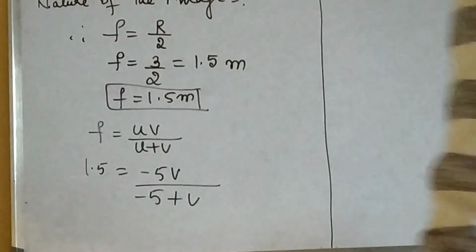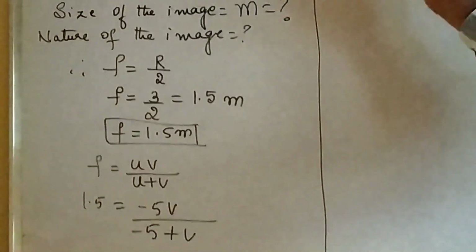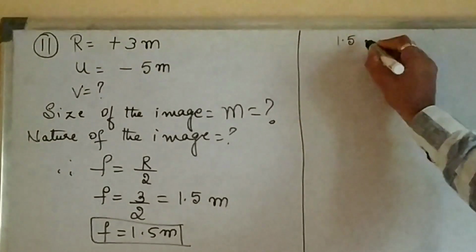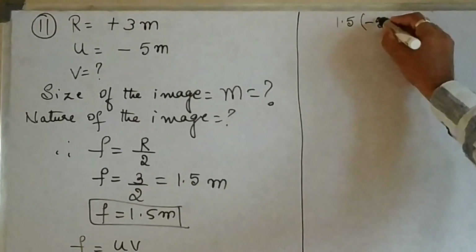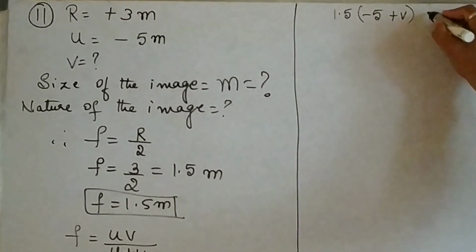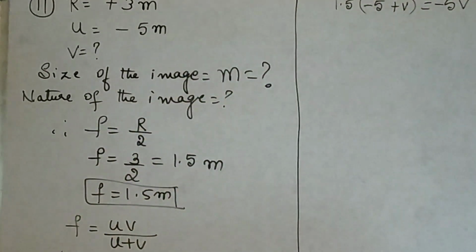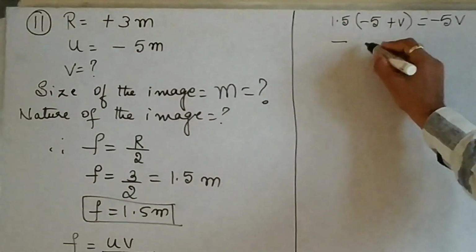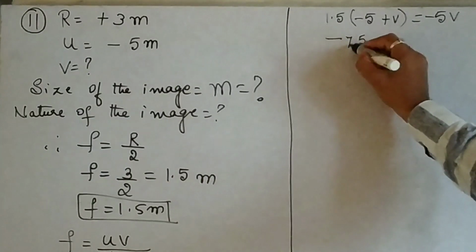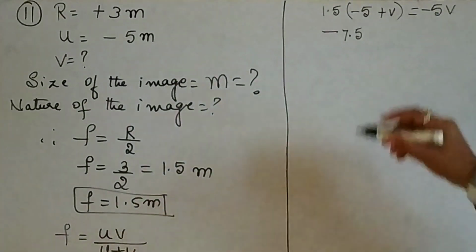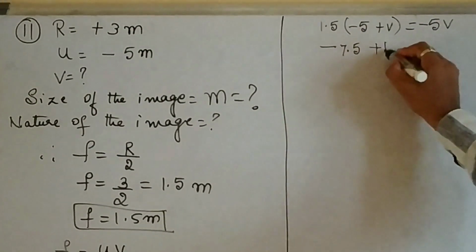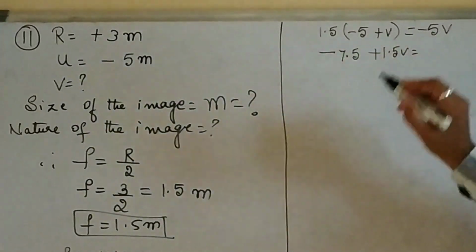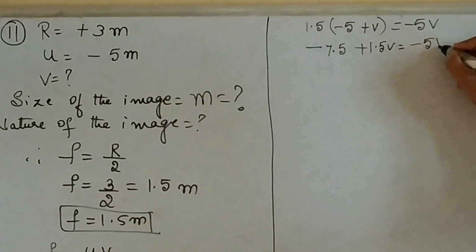When you cross multiply, what you get? 1.5 into minus 5 plus V is equal to minus 5V. Now multiply, plus into minus, minus, what you will get? Minus 7.5 plus 1.5V is equal to minus 5V.